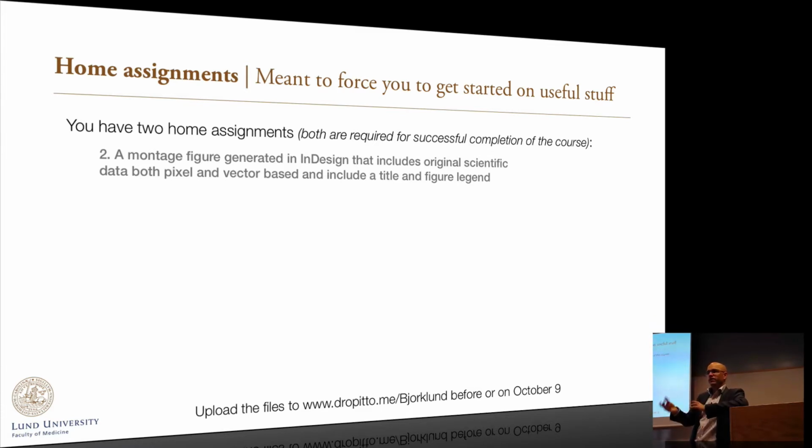And that should be mixed with some photos and some vector-based information, whatever that can be. And in some cases you may not have something right at hand, but at least you can fake this part a little bit, generate the graph or export something from your flow cytometer or something else where you push to find the vector graphics in this. And just bring that together in one panel.